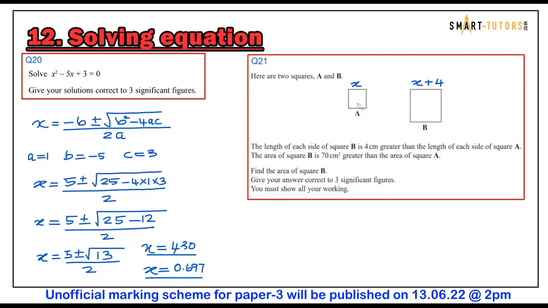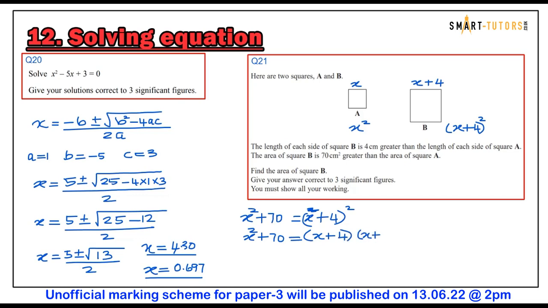So area of the A, we all know what is that? So x squared. Area of the B is x plus 4 whole thing squared. So x squared plus 70 equal x plus 4 whole thing squared, right? So you can write this as x plus 4 times x plus 4.